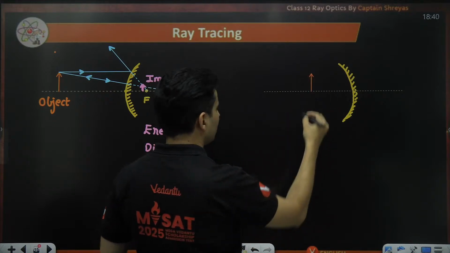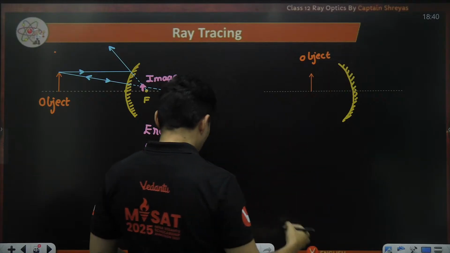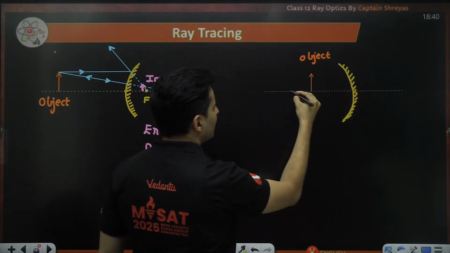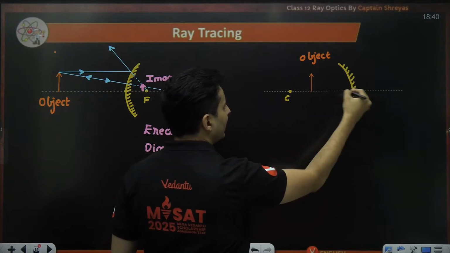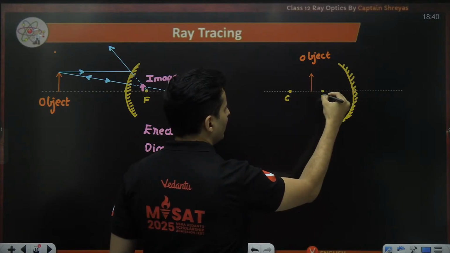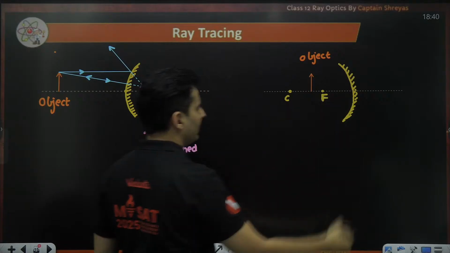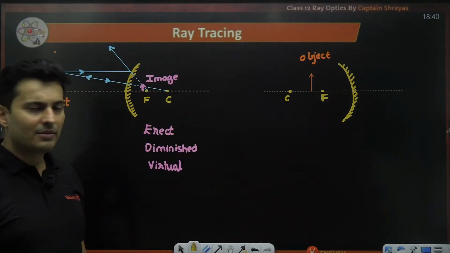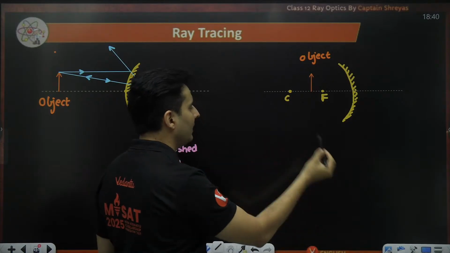Take this particular thing as my object. I will say the center of this mirror is somewhere here. This is the center of curvature, and exactly in the middle, you will have the focal point, correct? This will be the focal point. I want to see where the image will be formed. Use the rules, as simple as that, nothing great.